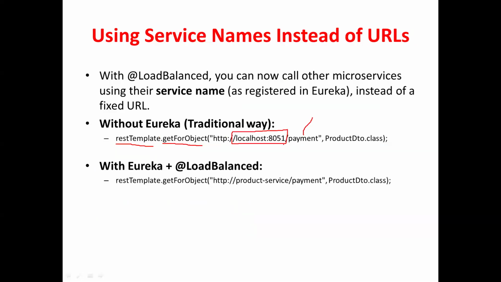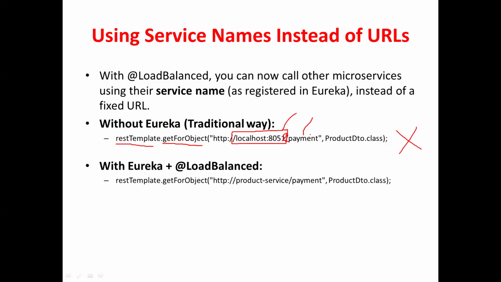If 5051 is down, your whole URL will be down. Can you access your application if this port number is changed or the service is down? No, we cannot. Then what should I do? I need to change it to 8052.